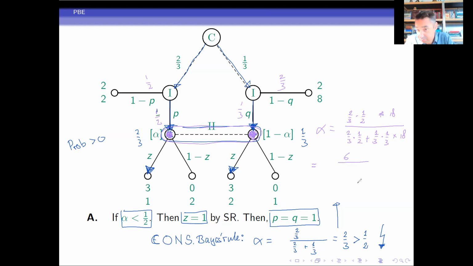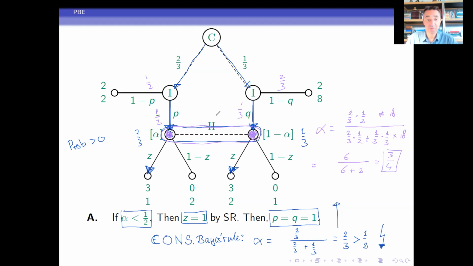Is that correct? Yes. And so this is also 6, and that will be 2. So 6 out of 8, which is 3/4.